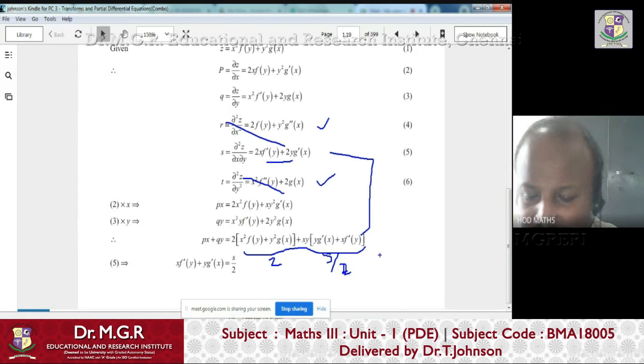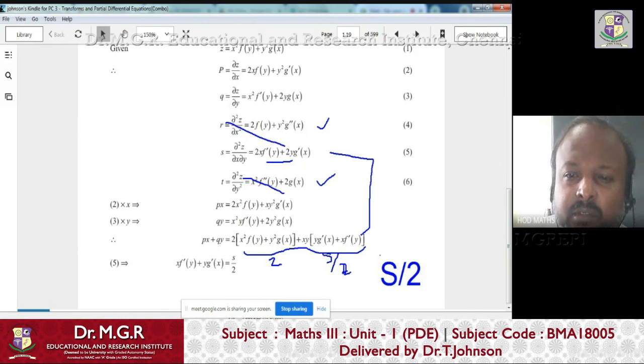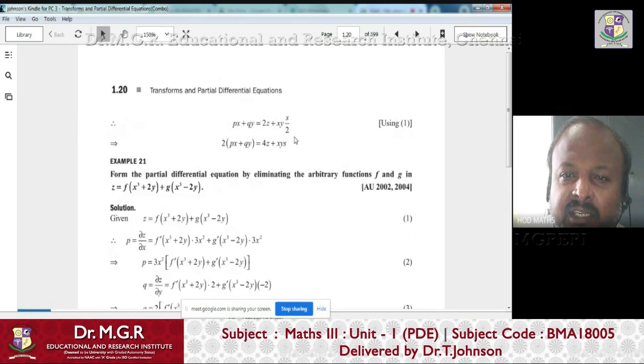From that they get the relation s by 2, and then you take this 2 to the other side and simplify. Finally you get an equation like this.